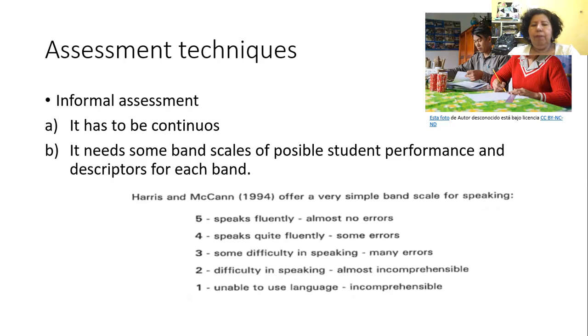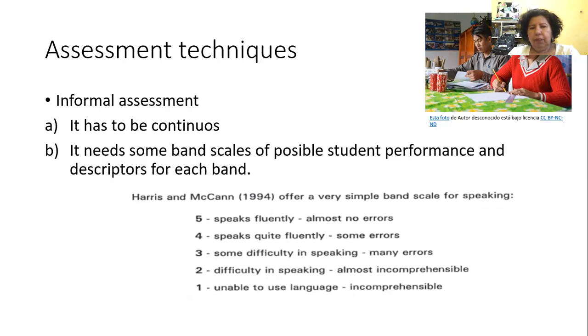Or the person is unable to use language, so it goes from high to low scores, in this case, scores. Number 5 is the highest, and it speaks fluently, almost no errors. In 4, speaks quite fluently.